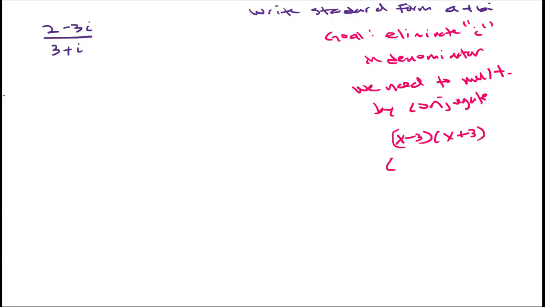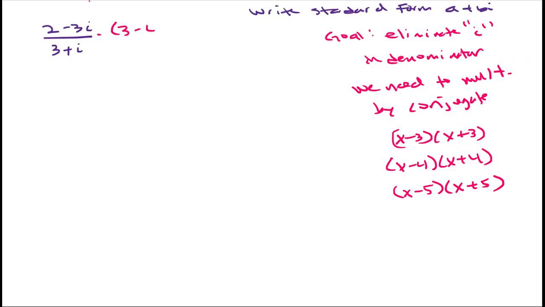If I have x minus 4, the conjugate would be x plus 4. If I have x minus 5, then the conjugate would be x plus 5. It's just the opposite of the second number. In this case, I'm focusing on the denominator, and so the conjugate would be 3 minus i. So if you didn't learn anything about complex numbers, you just multiply by the opposite there.